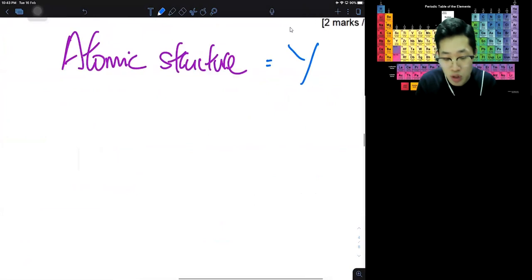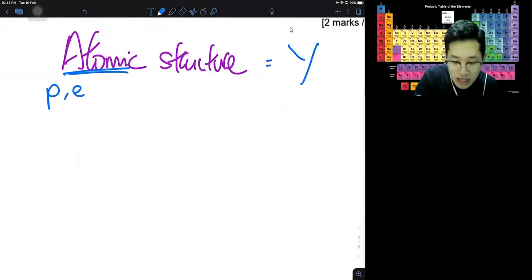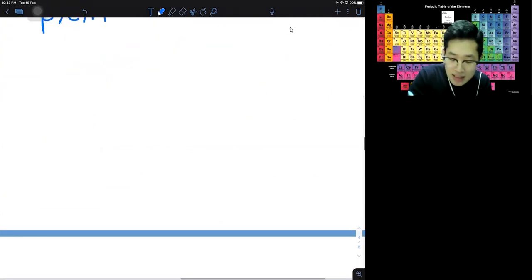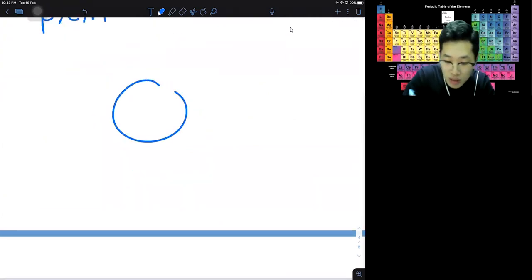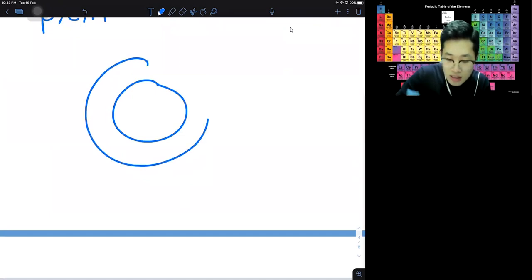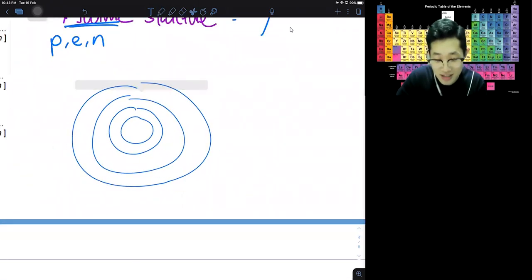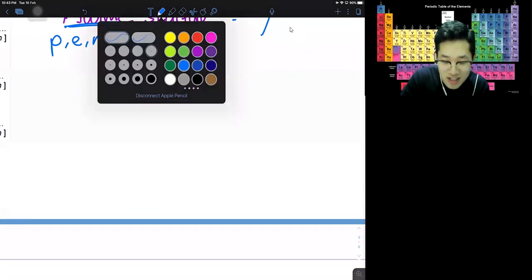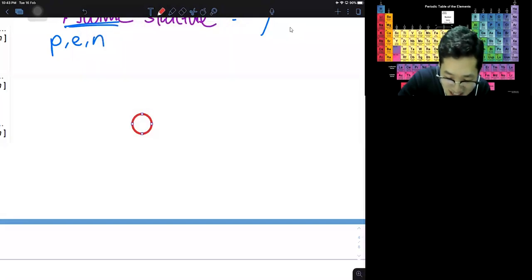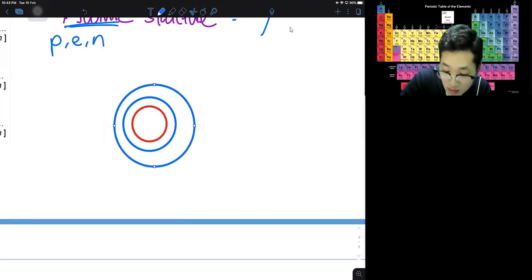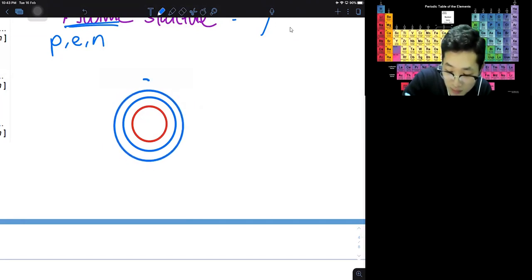Atomic structure, you should include proton, electron, and neutron. So how do we do it? Like this. Okay, sorry, nucleus 281. Oh no. Okay, sorry. I do it again. Okay. Nucleus 281.